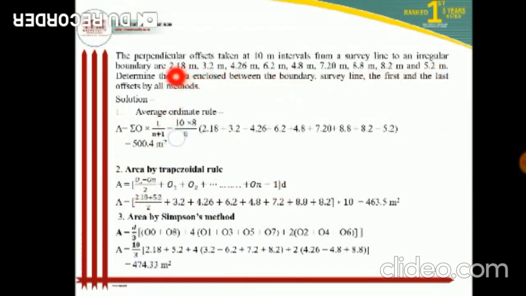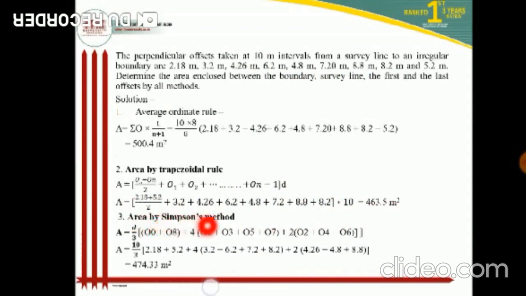So the first reading is 2.18 plus 5.20 divided by 2, plus add the remaining terms like 3.2, 4.26, 6.2, 4.8, 7.2, 8.8 and 8.2. And D, what is D? D is equal to 10. Then solve this equation, then you will get the answer 463.5 meter square.